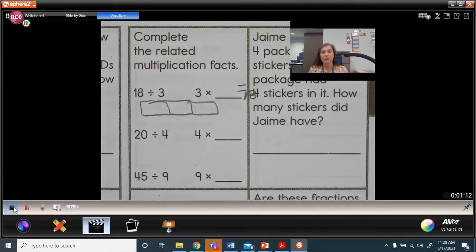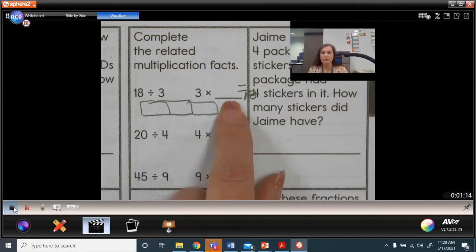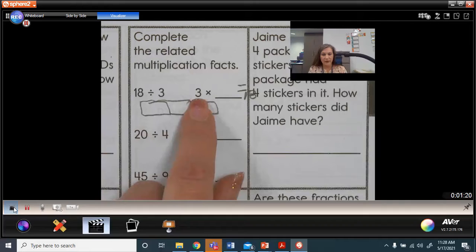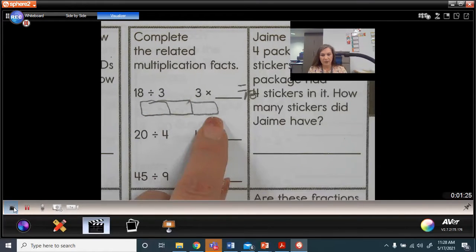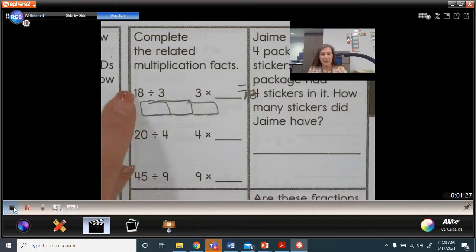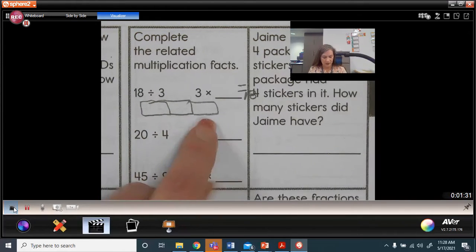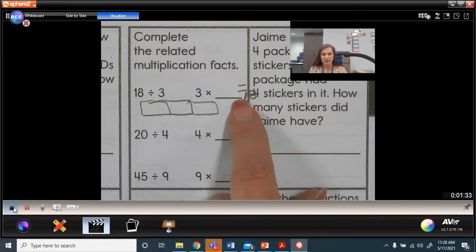If we do know our multiplication facts, then that's going to make it easier to find this missing factor. So let's take a look, we have 3 groups. We don't know how many is in each group, but once we divide these 18 objects equally into these 3 groups, then we're going to find our missing factor.